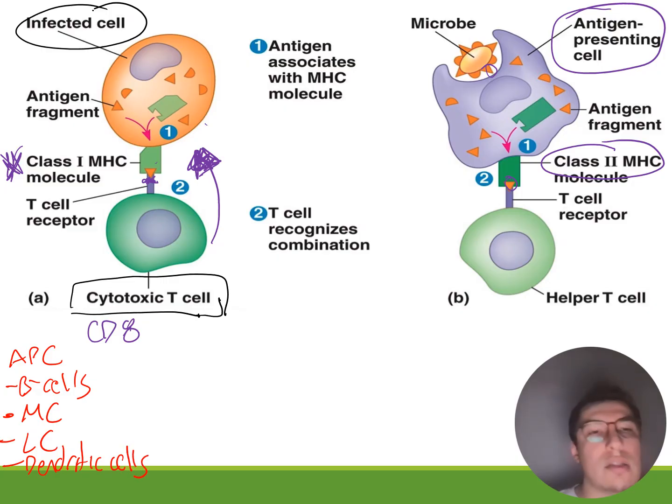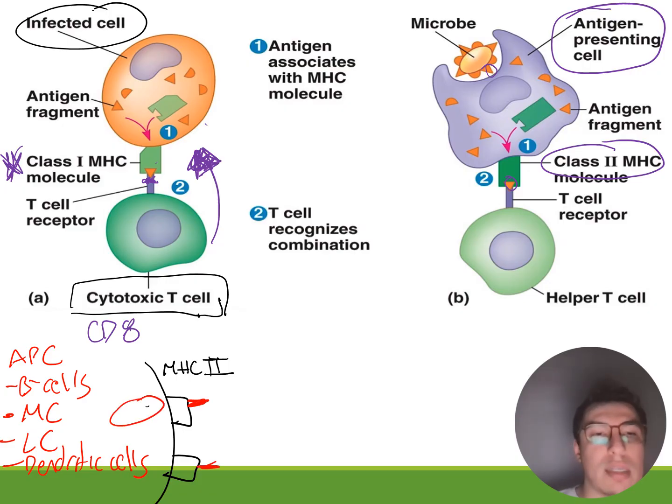So these cells, once they encounter an antigen, all right, they will use their outer membrane MHC2 receptor to show what the pathogen looks like.